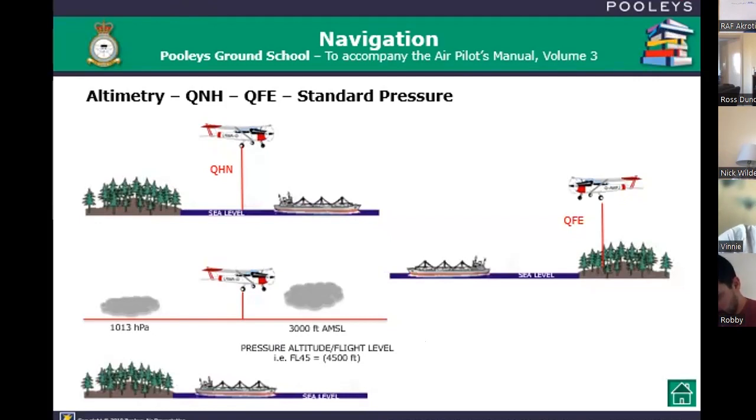Now, although it's drawn here with 1013 higher than sea level, bearing in mind that may not be the case. 1013 might be lower than sea level, depending on whether the QNH is greater or less than 1013 for that particular day, that particular time, and that particular area, of course.